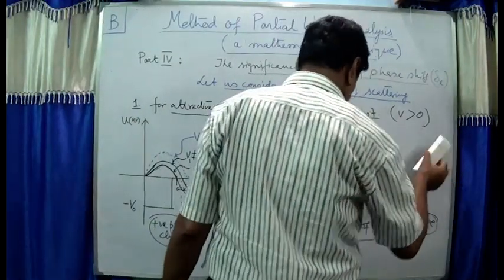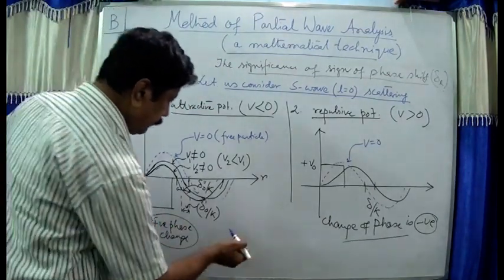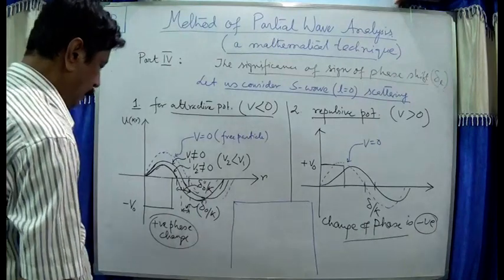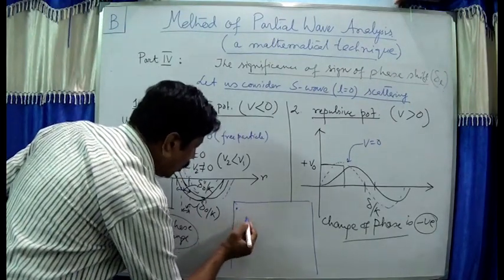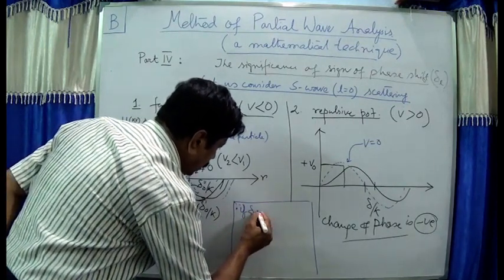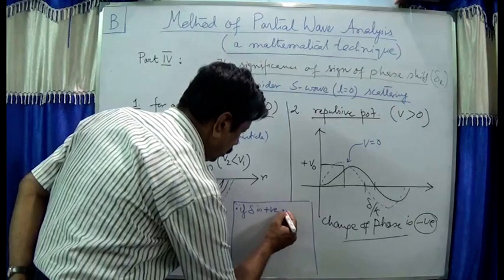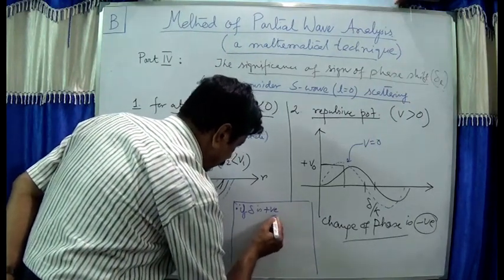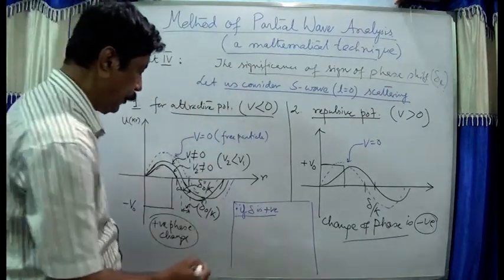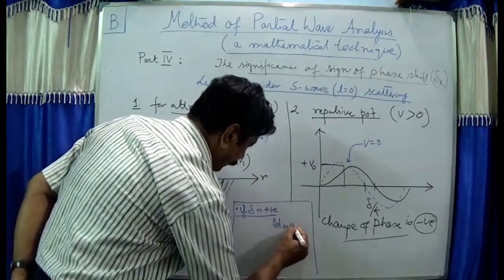So our conclusion is this, that if delta is positive, the potential is attractive.